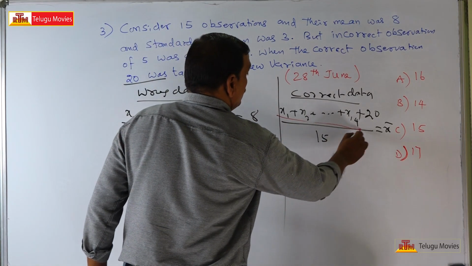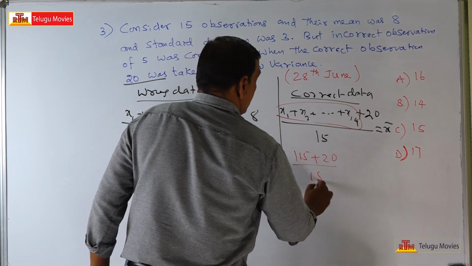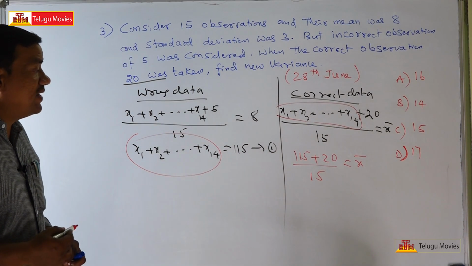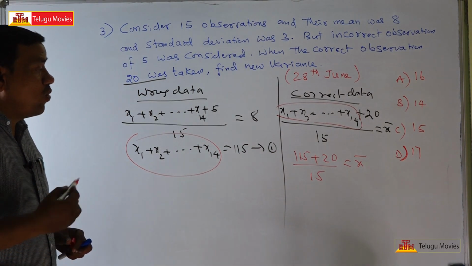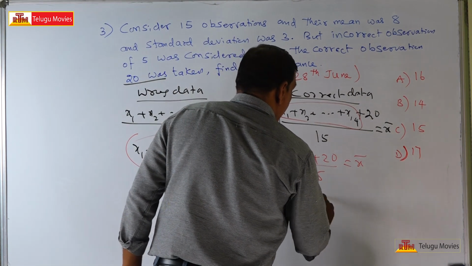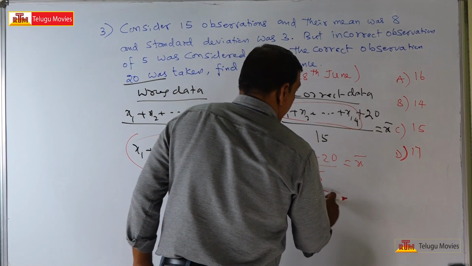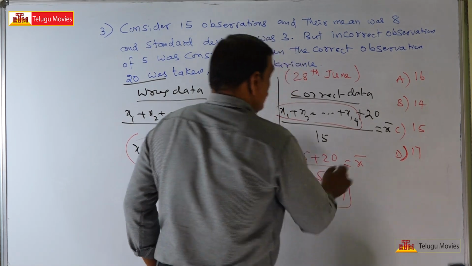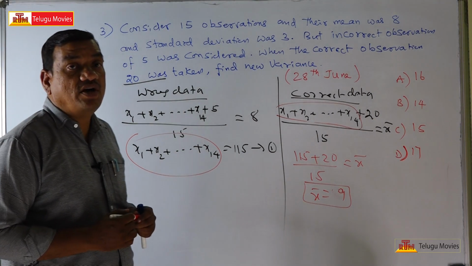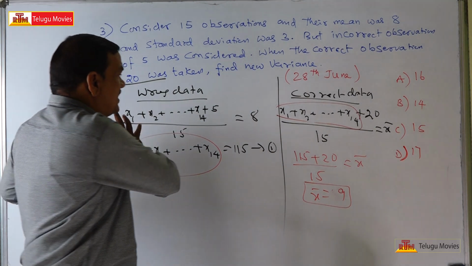This is equal to 115. So 115 plus 20 by 15 is equal to x bar. 115 plus 20 is 135. 135 by 15 is equal to 9, so 15 nines are 135. So what is the new mean? 9.